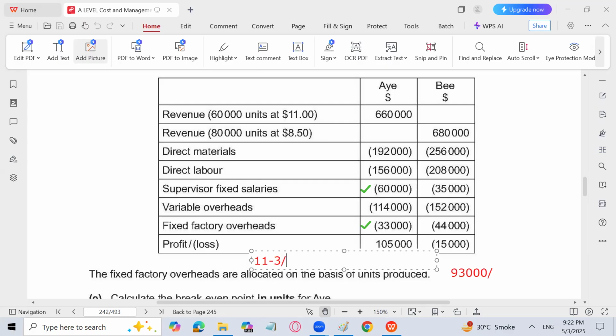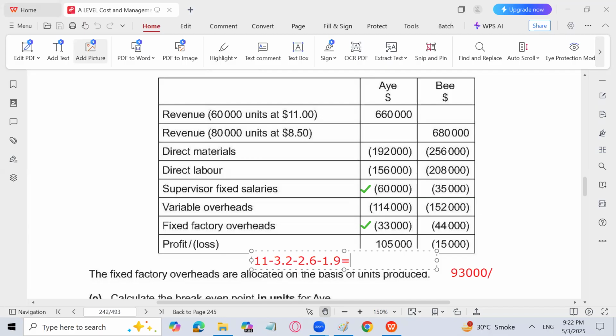That is 3.2. Then 156,000 divided by 60,000. That is 2.6. Then variable overheads, 114,000 divided by 60,000. That is 1.9.